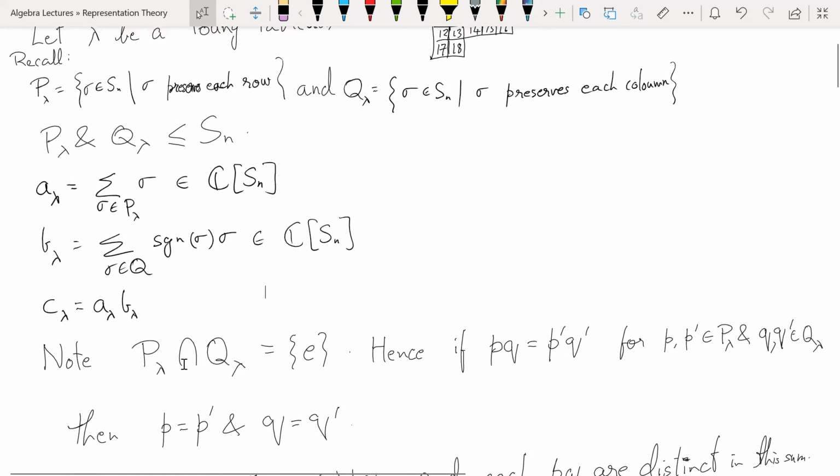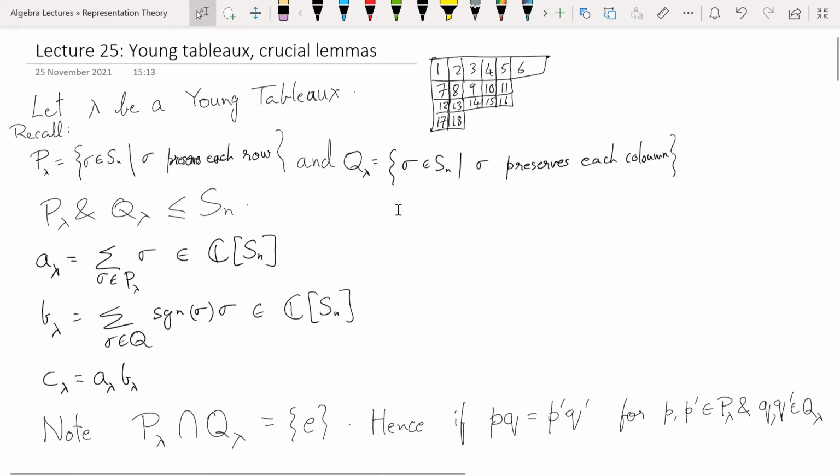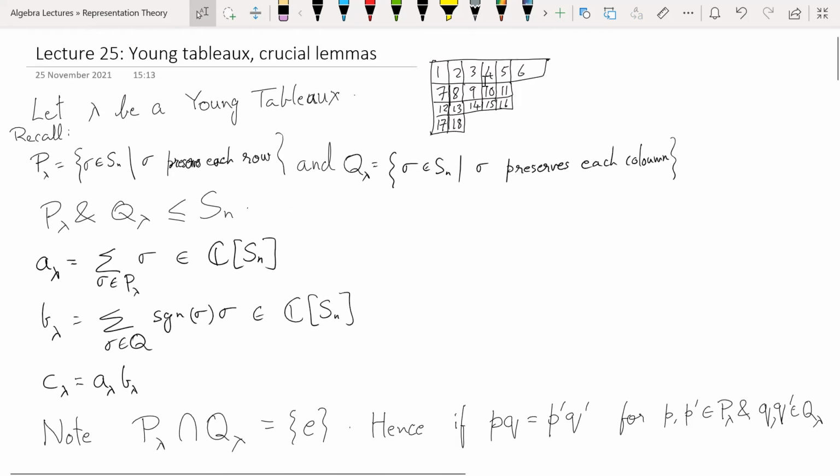One observation is that P lambda intersection Q lambda is indeed identity. Yeah. So if something fixes all rows and all columns, then of course that tells you that, since sigma is in P lambda, one can go to only 2, 3, 4, 5, 6. But it's also in Q lambda, so it can't go to 2, 3, 4, 5, 6.